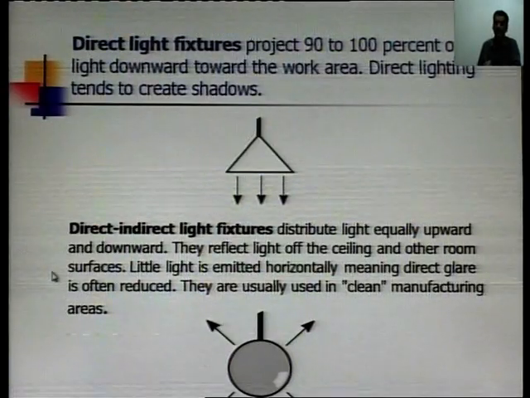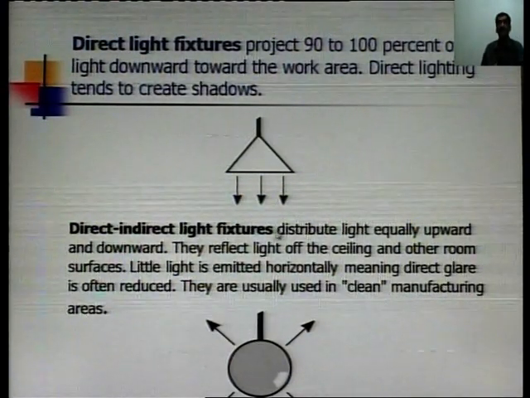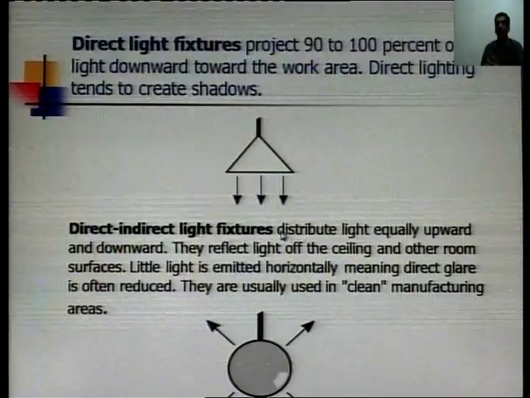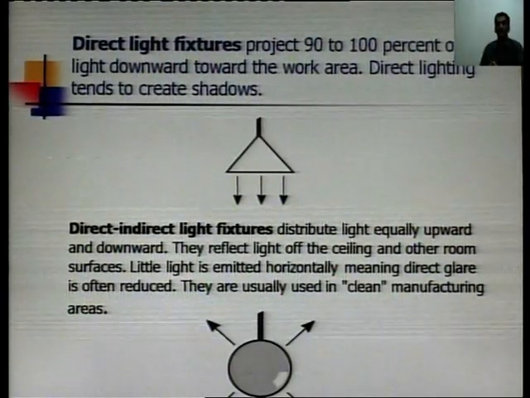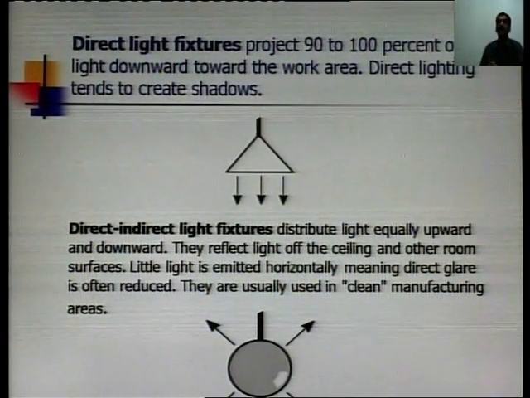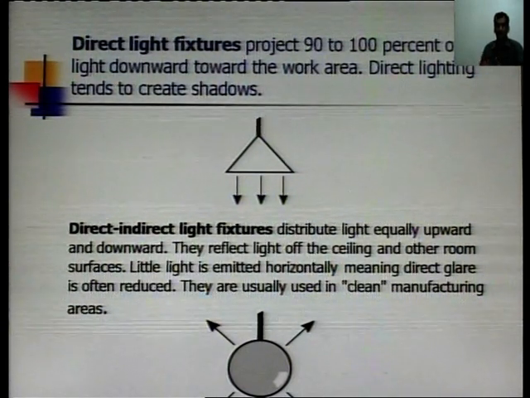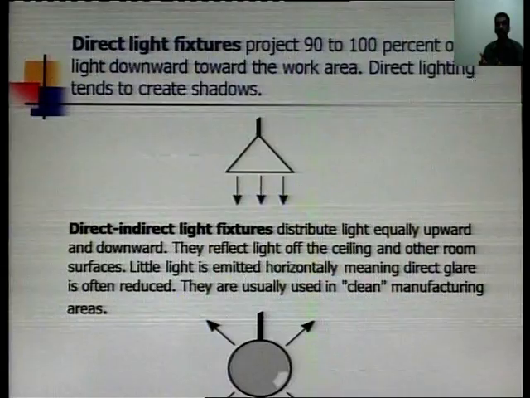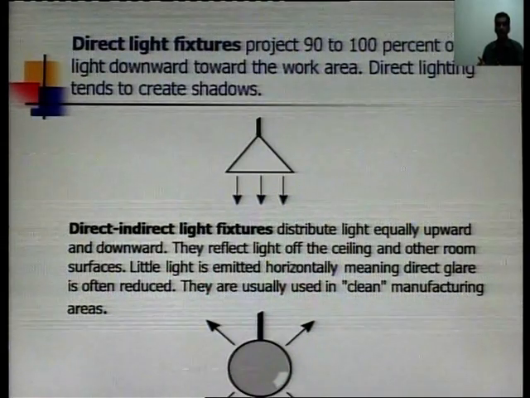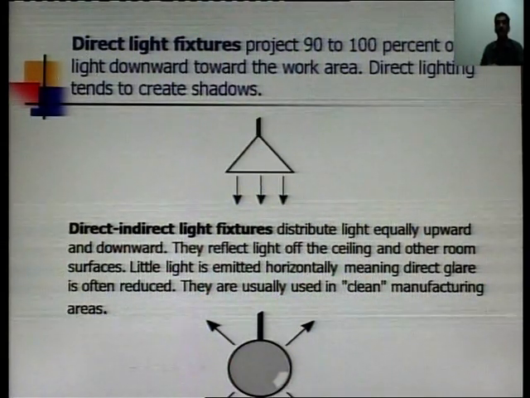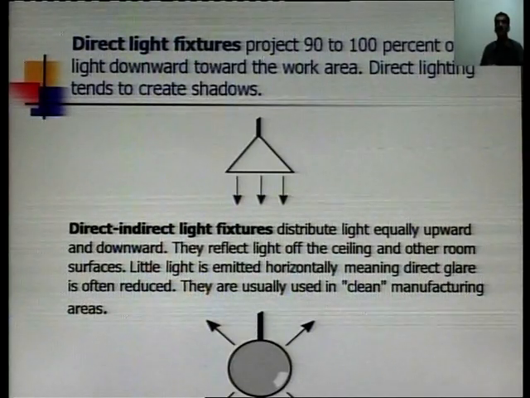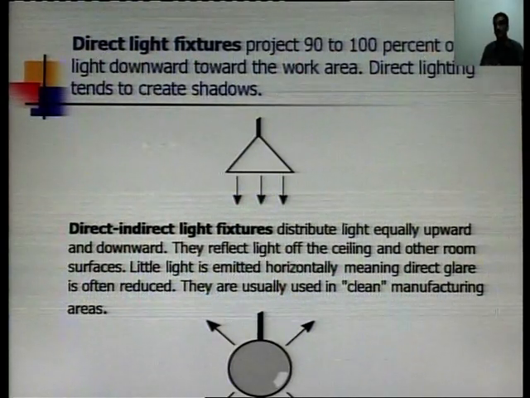The second part will be our direct indirect light fixtures. What are direct and indirect light fixtures? They distribute light equally upwards and downwards. They reflect light off to the ceiling and to the other room surfaces. Little light is emitted horizontally, meaning direct glare is reduced.